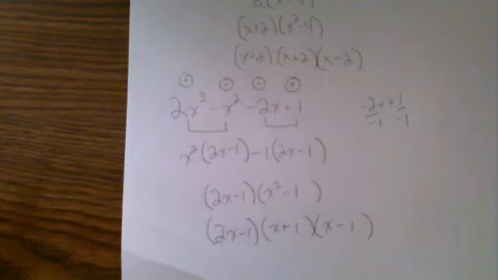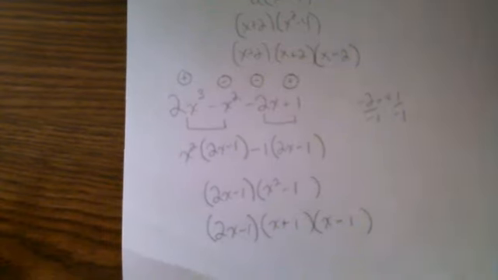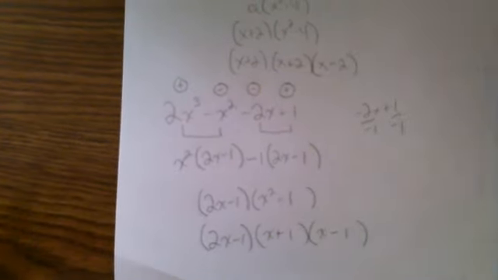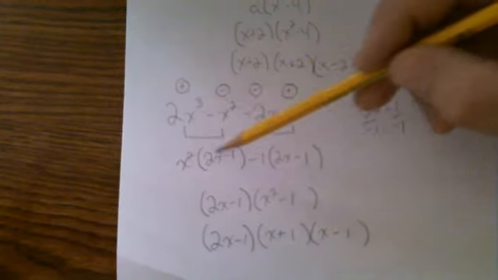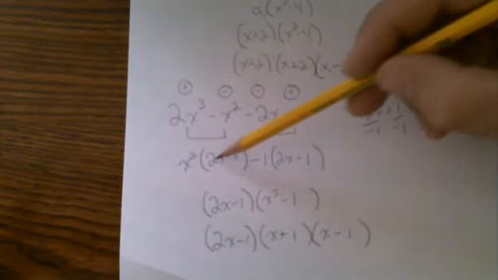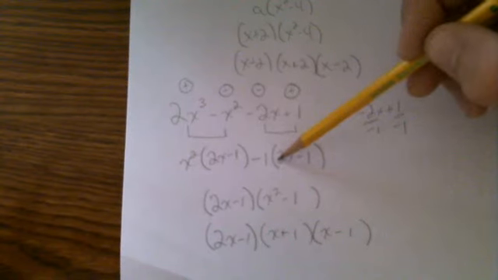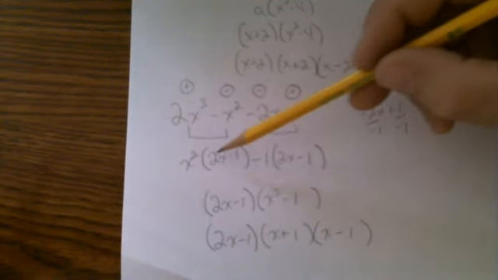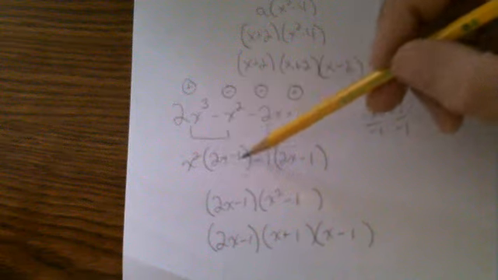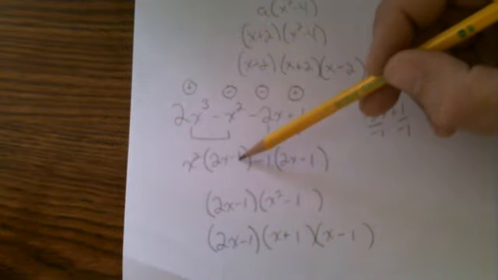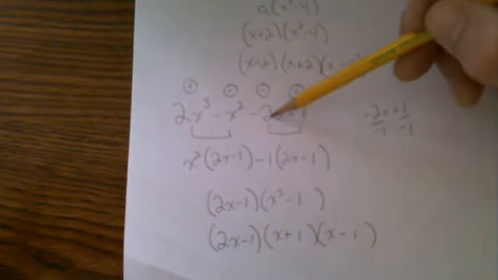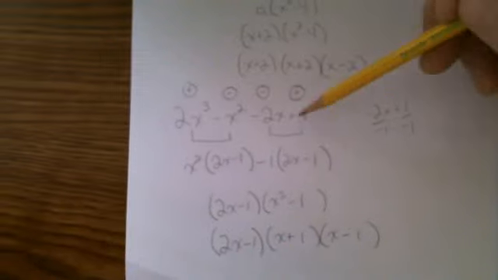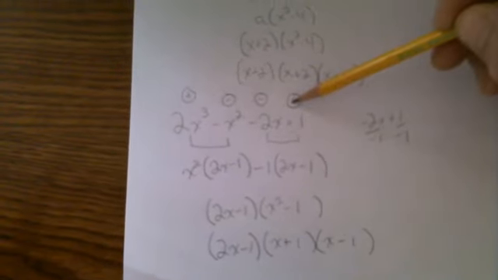So just to summarize, you have to factor out a negative if after you factor your first term, you have a different direction of signs than your next two terms. After we factored out this term, we had a 2x minus 1, a positive negative. The second term began with a negative positive. So there isn't a pattern here with my signs.